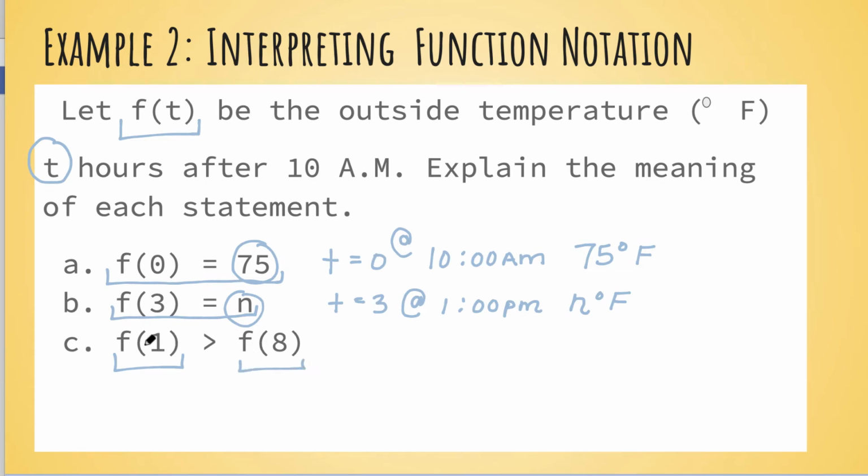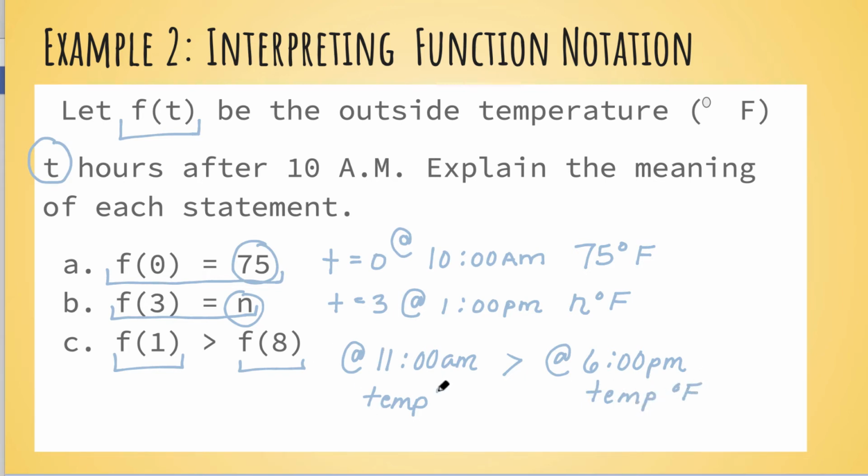So f of 1 is when the t is equal to 1, so 1 hour after 10 a.m. So that would be 11 a.m. The temperature is greater than at, when t is 8, we're looking at 8 hours after 10 a.m. So that's 6 o'clock p.m. And that's going to be the temperature in degrees Fahrenheit.